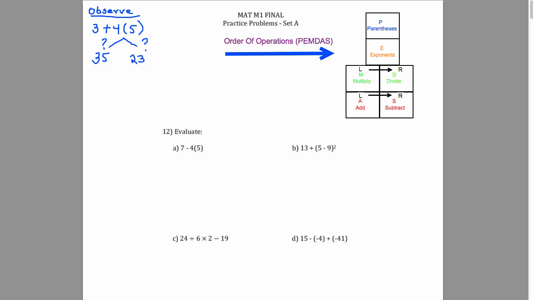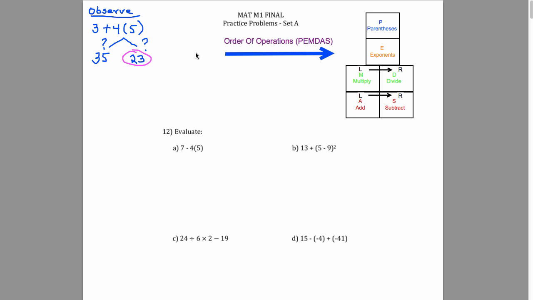Now obviously these cannot both be right, so the order of operations demands that we do this type of problem, or any arithmetic problem, in a certain order so that everybody gets the same answer. And we'll see as we proceed that in this case the proper answer is 23.